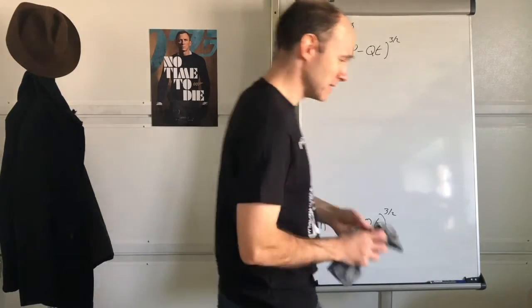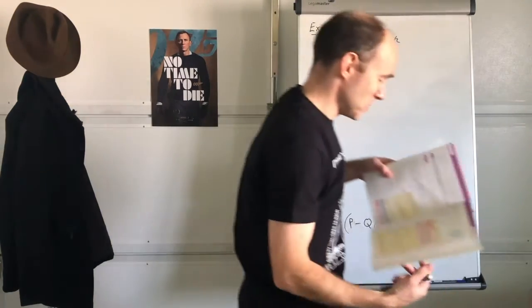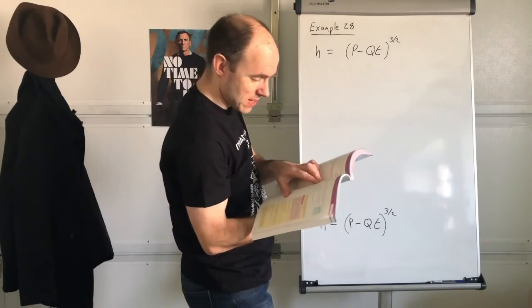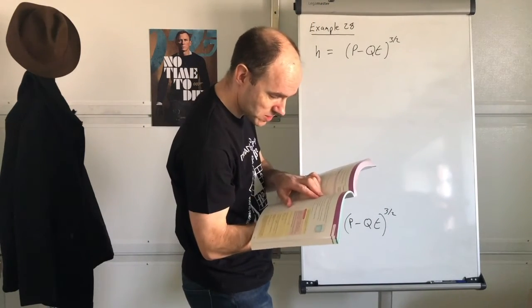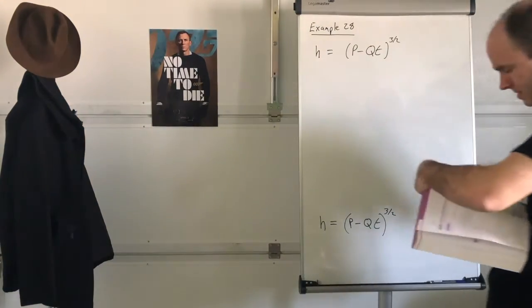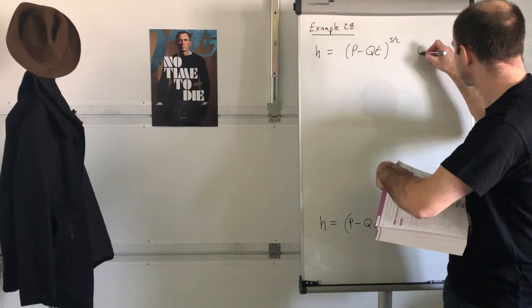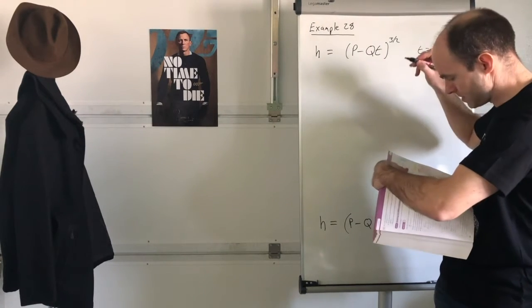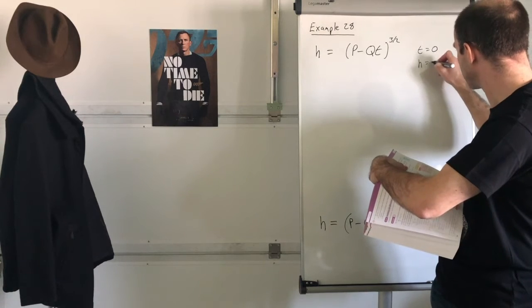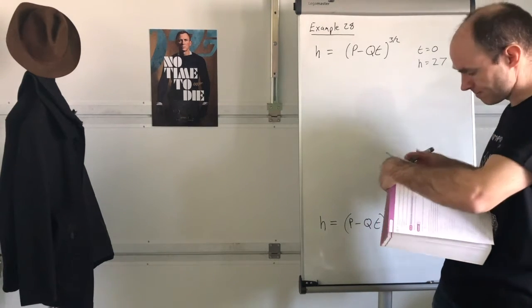Right, so enough of that. Let's read what the question was. We've done that, that's the general solution. Initially, let's write it down, t equals 0. That's what initially means, isn't it? Initially, the height of the water is 27 metres, H equals 27. I like the number 27.